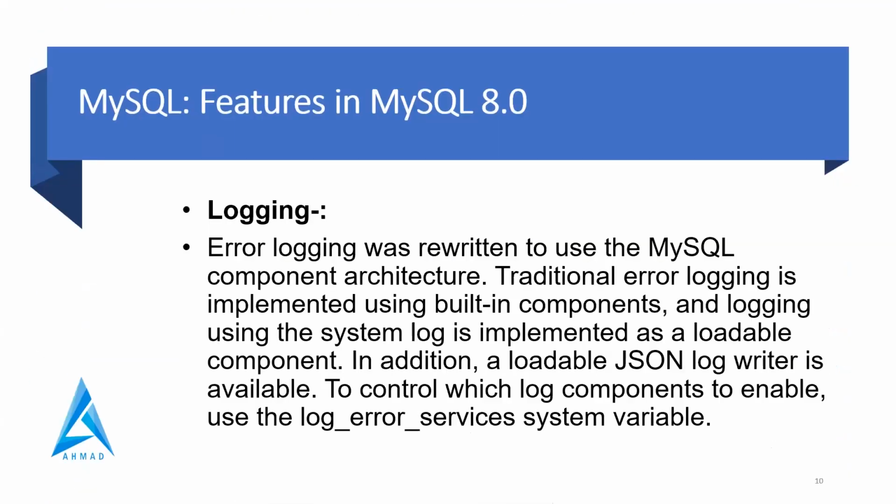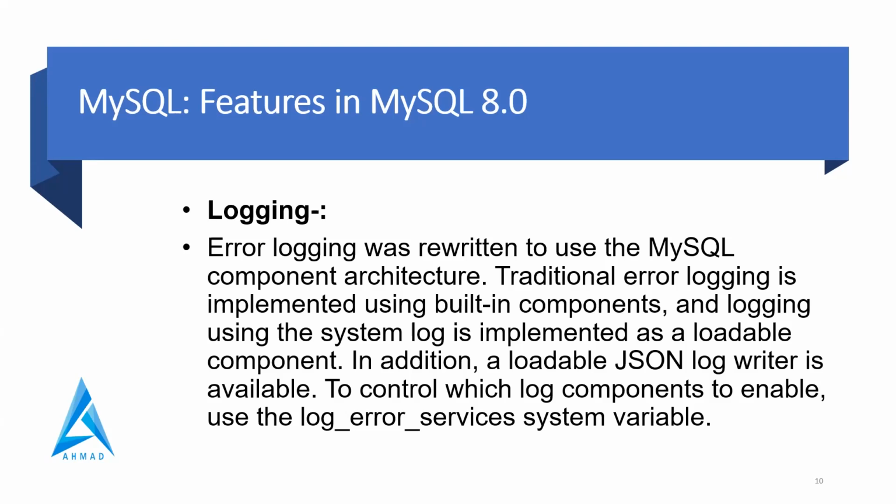And logging is a very important feature. Logging was rewritten to use the MySQL component architecture. Traditional error logging is implemented using built-in components, and logging using the system log is implemented as a loadable component. In addition, we have JSON, which everybody is hearing about.